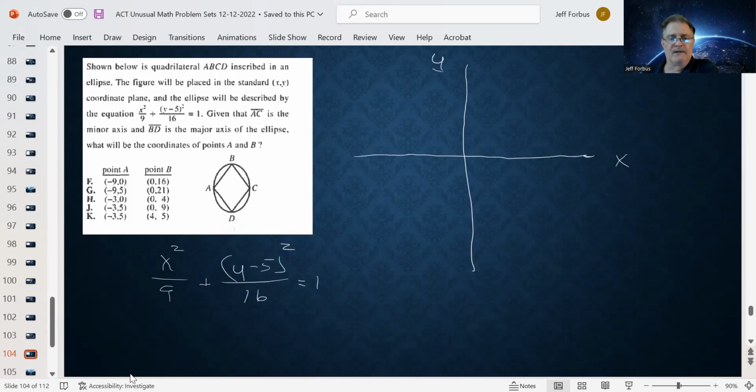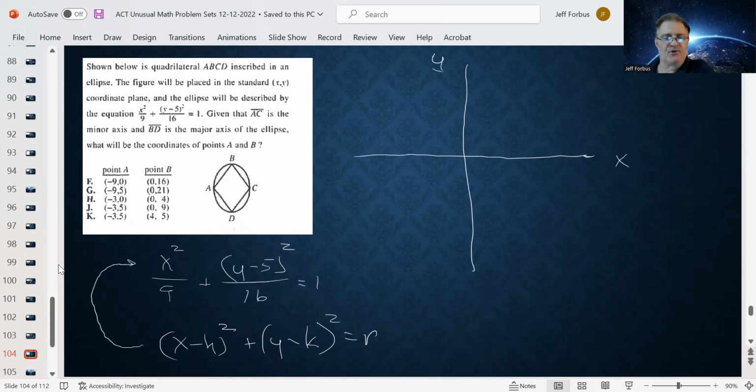The numerator tells us where the center of the circle will be. Now, remember the equation x minus h squared plus y minus k squared is equal to r squared. That's what they have in the numerator of this equation.